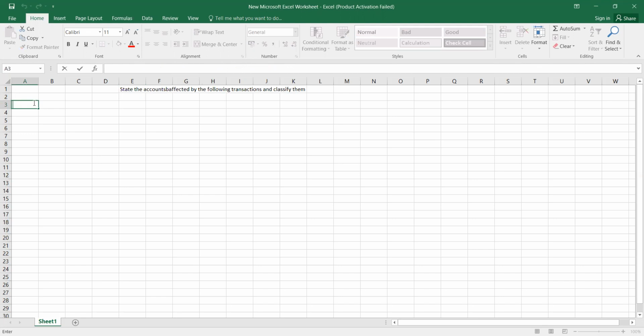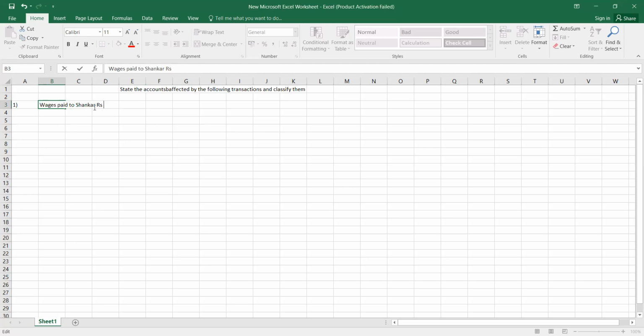For example, first one, wages paid to Shankar, rupees 250.